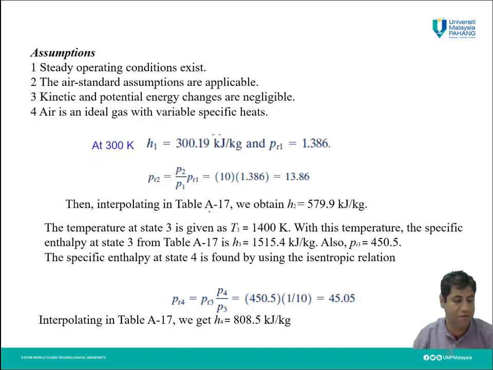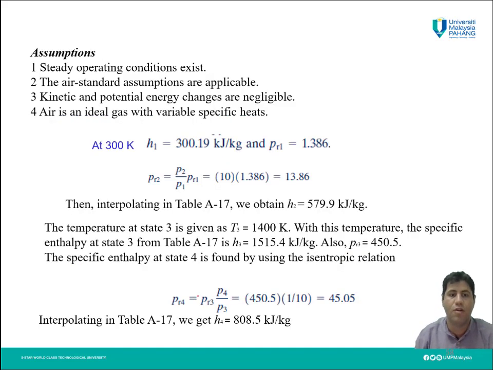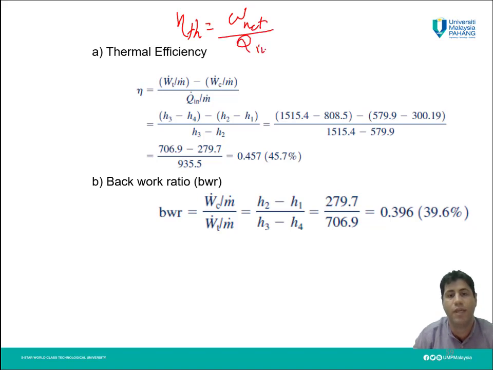To find the answer for part A, which is the thermal efficiency of the cycle, we have this equation. If you remember, for thermal efficiency of the Brayton cycle without the regenerator and so on, we have the general equation for all types of gas power cycle, which is equal to the W net divided by Q in to the system.